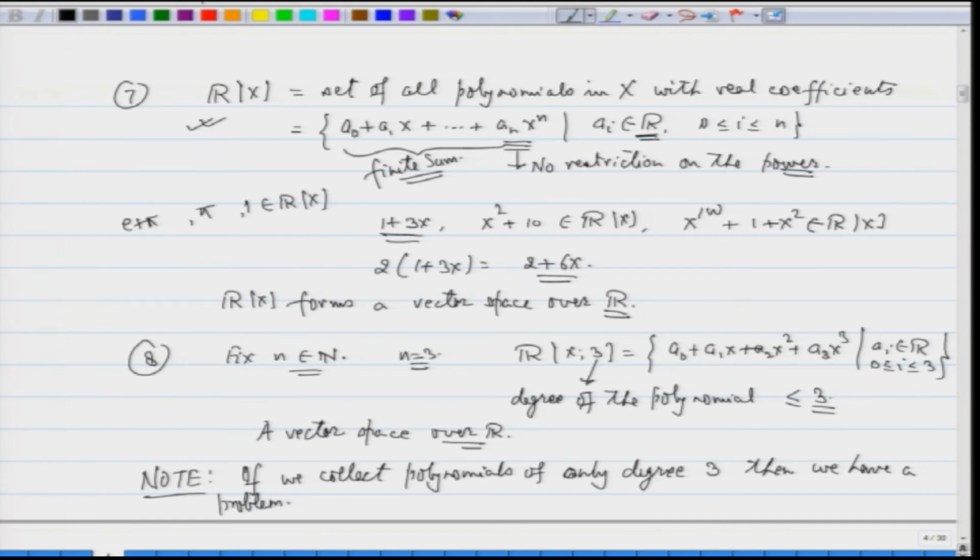Let us take a polynomial x cube plus 1, and another polynomial, minus x cube plus x plus 1. These two are polynomials of degree 3. If we add them, the x cube cancels out, and I am left with x plus 2, which is not a polynomial of degree 3. So, there is a problem. Therefore, when you want to talk of polynomials, we have to talk in terms of polynomials of degree less than or equal to some number. That is n that we are talking about here. So, we can fix it and then proceed.